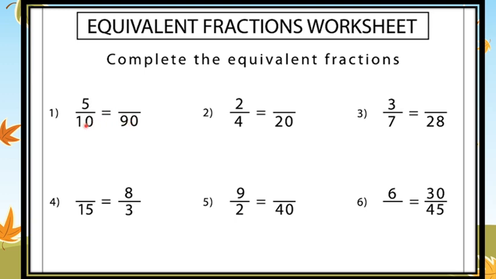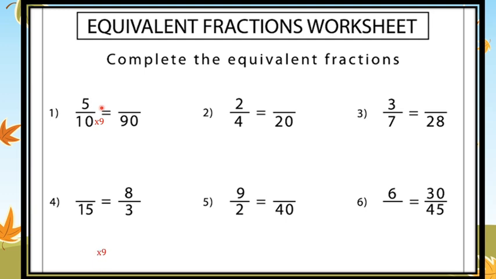So here your denominator is 10 and here your denominator is 90. To reach from 10 to 90, from a smaller number to a greater number, you will multiply only, right? You will read the table of 10 to find 90. How many times 10 is 90? Yes, 10 nines are 90. So if you are multiplying your denominator by 9, and the rule says that to find an equivalent fraction, you need to multiply your numerator also by 9.